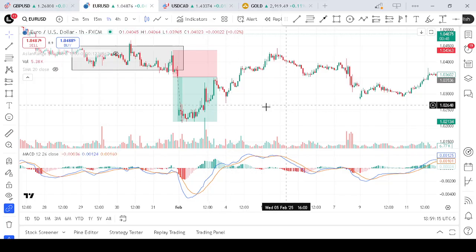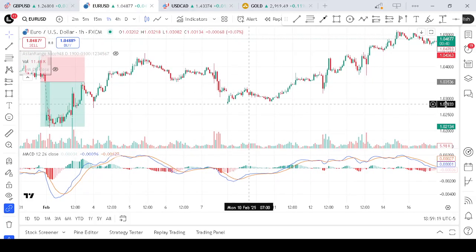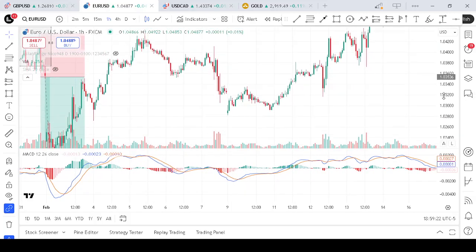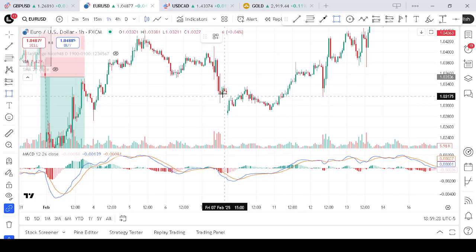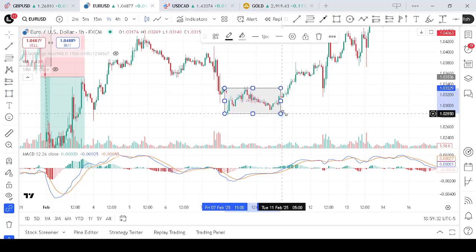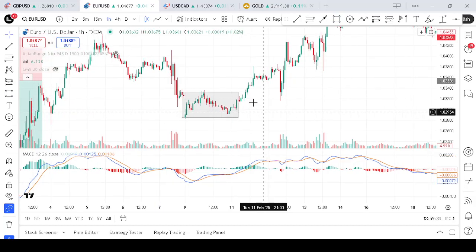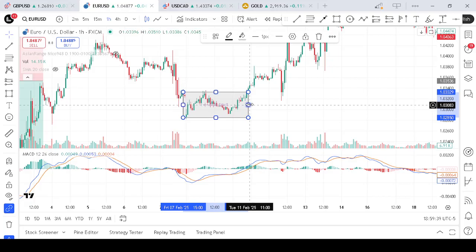Let's look for a bullish example. At this area of the market, we can notice that price is moving sideways. When price is moving sideways, we need a signal to buy.